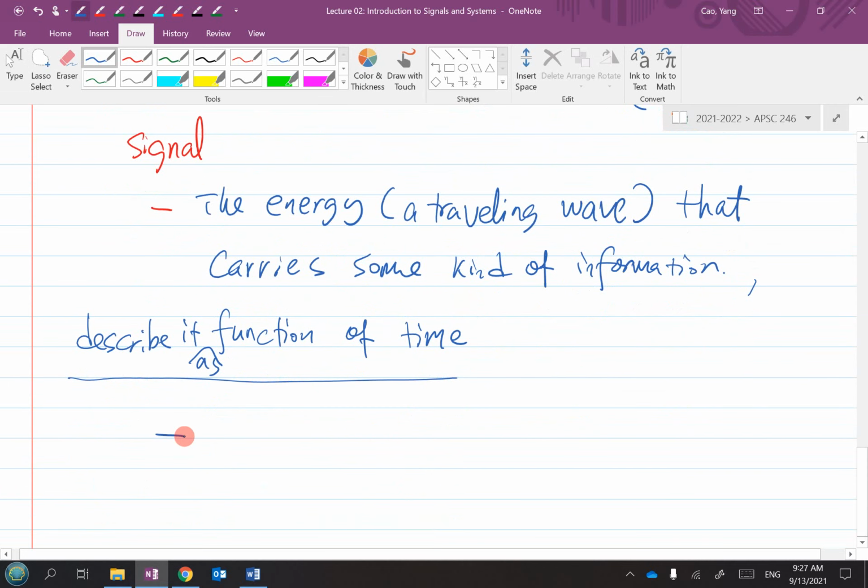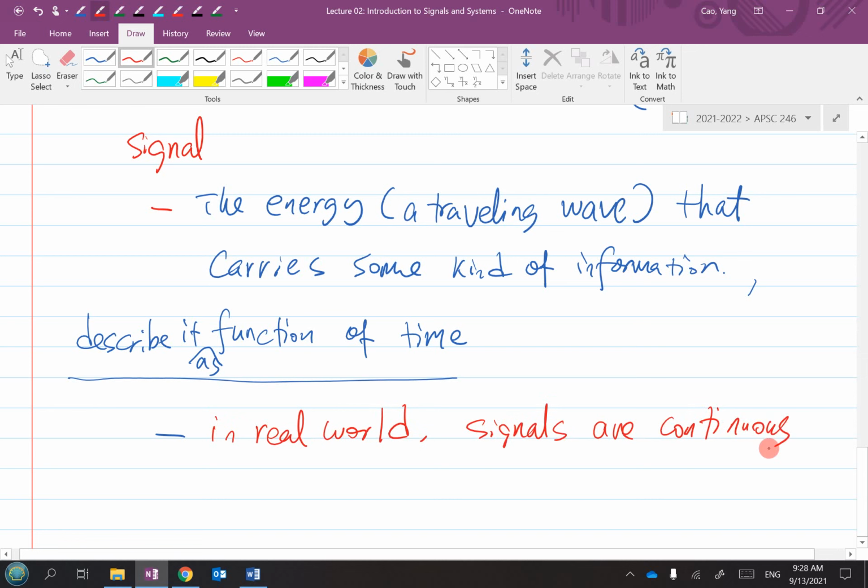So back to the definition: in the real world, signals are continuous. Think about anything that carries energy in the real world, they're all continuous.